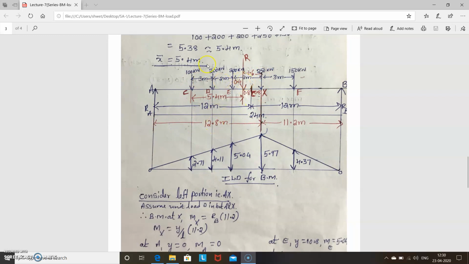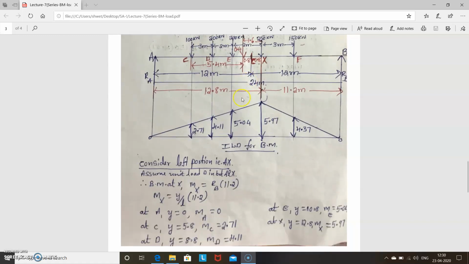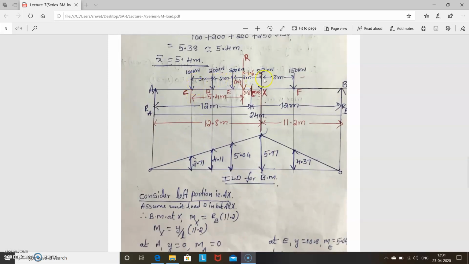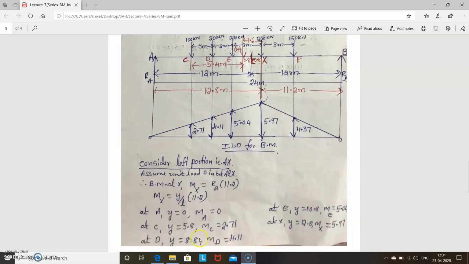So that is 12.8 minus 7.8, that is equal to 5.8. Okay, this full 12.8 minus this distance. If you deduct this distance, 12.8 minus 2 minus 2 minus 3, you get this distance, that is equal to 5.8. So MC, if you substitute in this, you get 2.71.